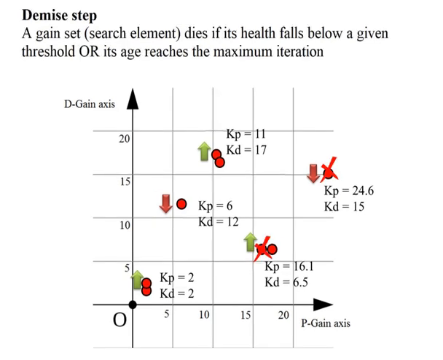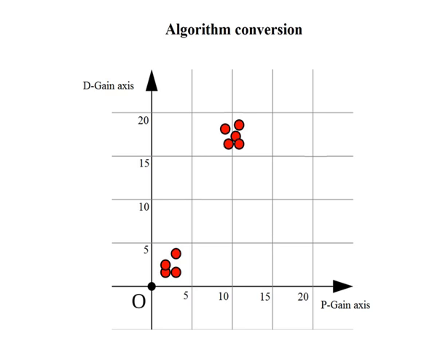Now, a search element or gain set dies if its health falls below a given threshold, or it reaches the maximum iteration life. Now the above steps are repeated iteratively until all gain sets giving low fitness value are perished, and all the remaining gain sets are gathered at the locations that give the maximum fitness values.